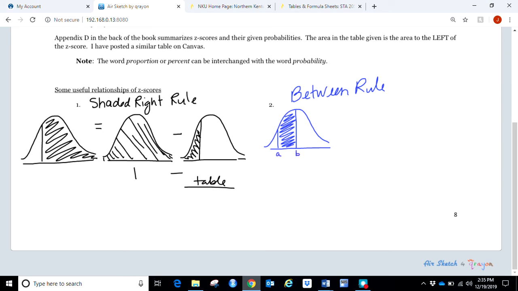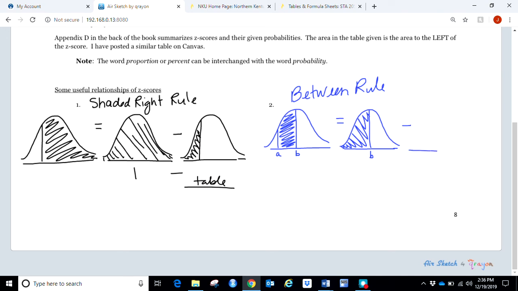I'm just going to arbitrarily label these as A and B below. Keep in mind that I have to use my table that is shaded to the left. I'm going to start by looking at B, and I'm looking at everything to the left of it. Now, if I compare my two pictures, this one has more on it than this one does. The problem is it's capturing this little piece here that I don't want. So what can I do to things I don't want?